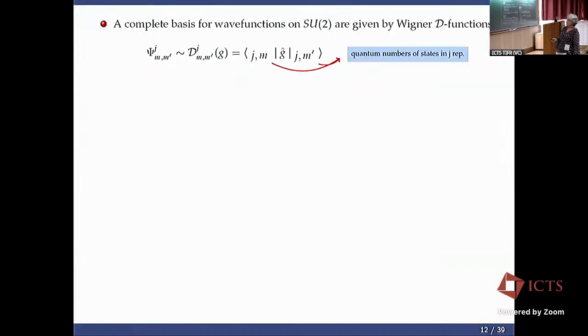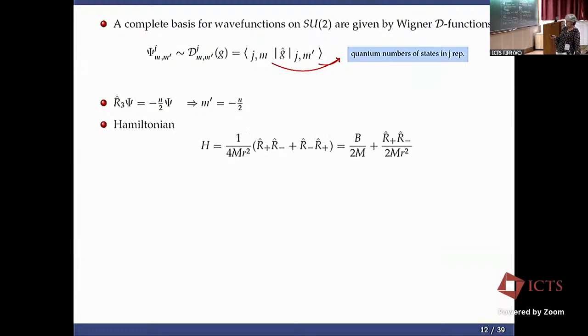The wave function I can write in terms of the Wigner functions, which are just the matrix representative of G in a particular representation. However, because R3 on psi has to be minus N/2, this fixes my M prime to be minus N/2. So this right state is fixed. Now we can write the Hamiltonian in terms of the covariant derivatives, the holomorphic and anti-holomorphic.